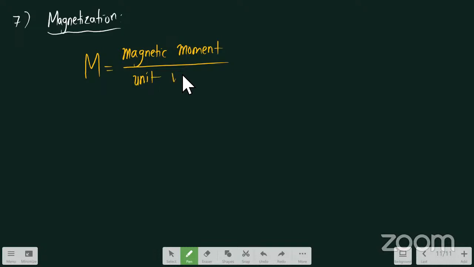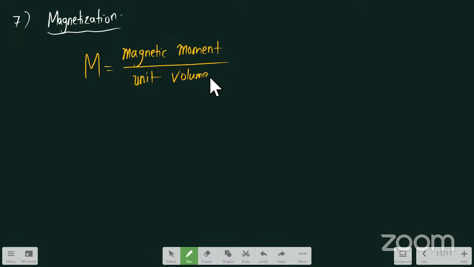Per unit what? Volume. If you are able to remember this, then it will be more than sufficient. So magnetization is defined as the ratio of magnetic moment per unit volume.